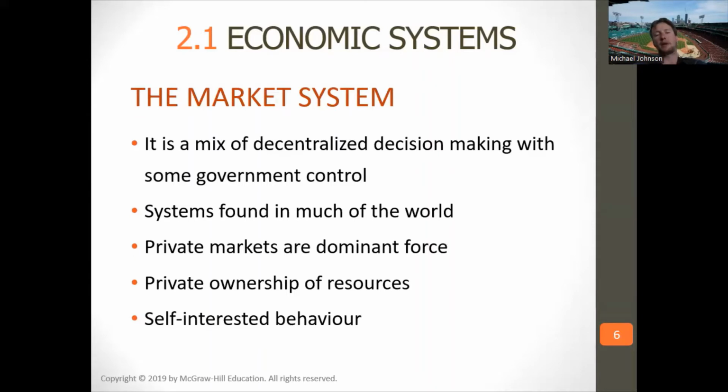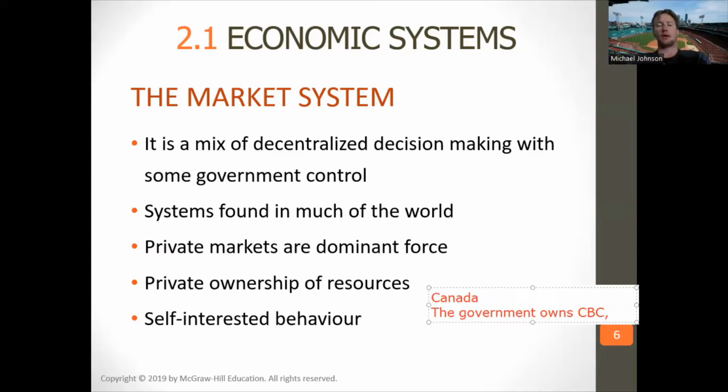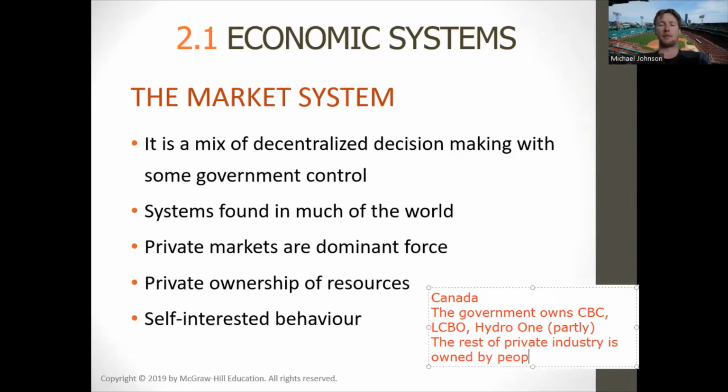And the market system is a mix of some government control and decentralized decision making. Companies are owned by people, and the government owns some companies. Canada operates like this, where the government owns CBC, LCBO, and Hydro One partly, and the rest of private industry is owned by people.